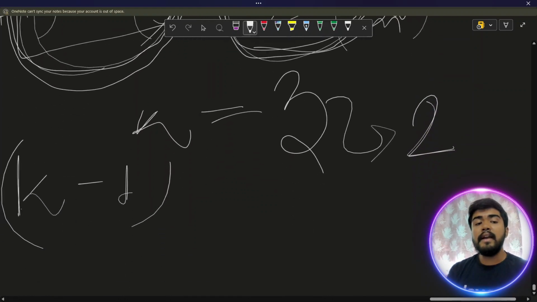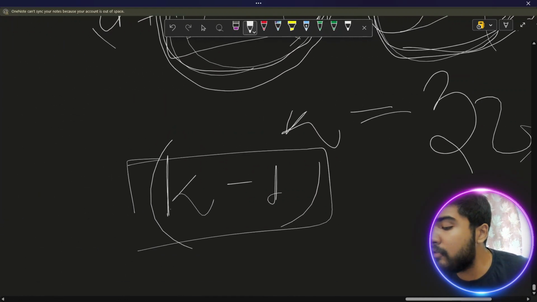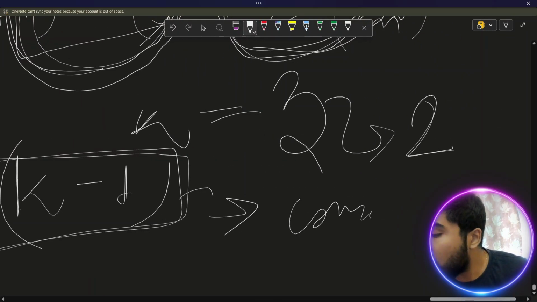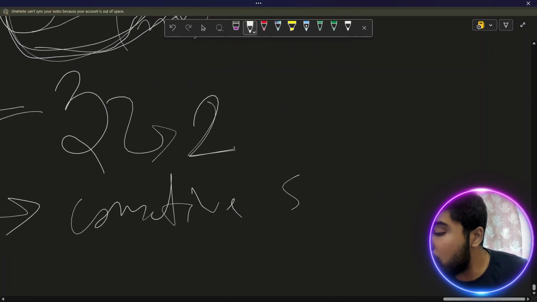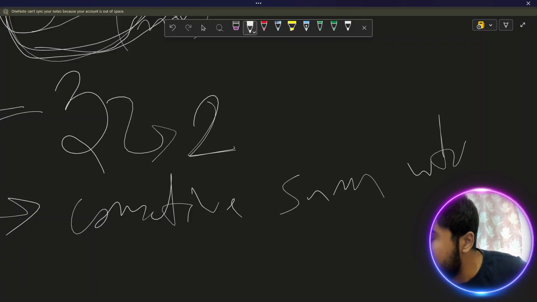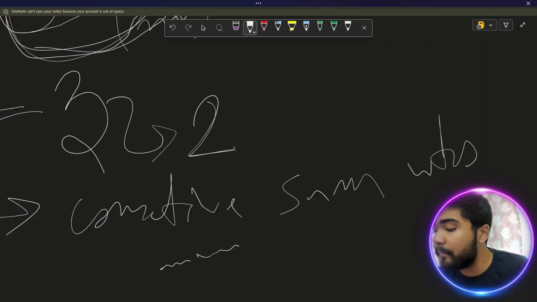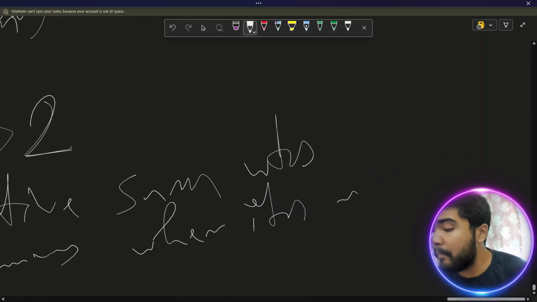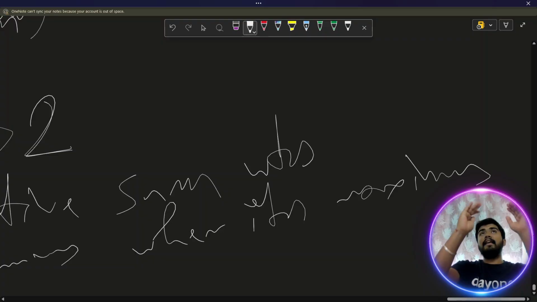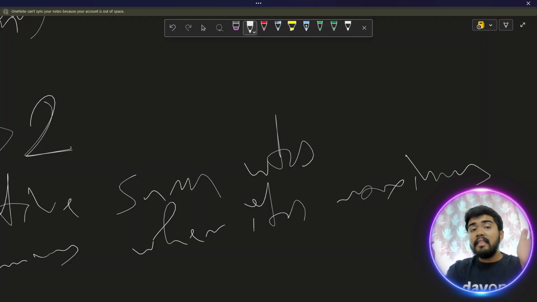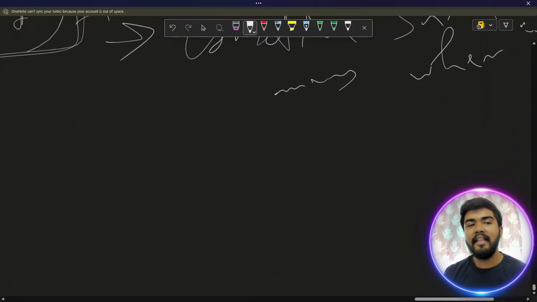So now the problem boils down to this: we have to choose K minus 1 consecutive sums in the given weights array where the sum is maximum. So what is actually remaining? That is for the maximum.